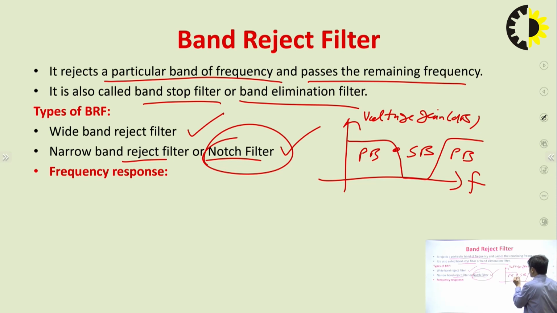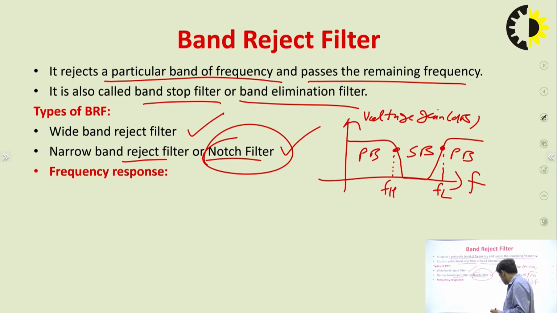Again, there are two cutoff frequencies in the band reject filter. The first one is FH and the second one is FL. FH and FL are the upper and lower minus 3 dB frequencies, right? So here one thing to note.